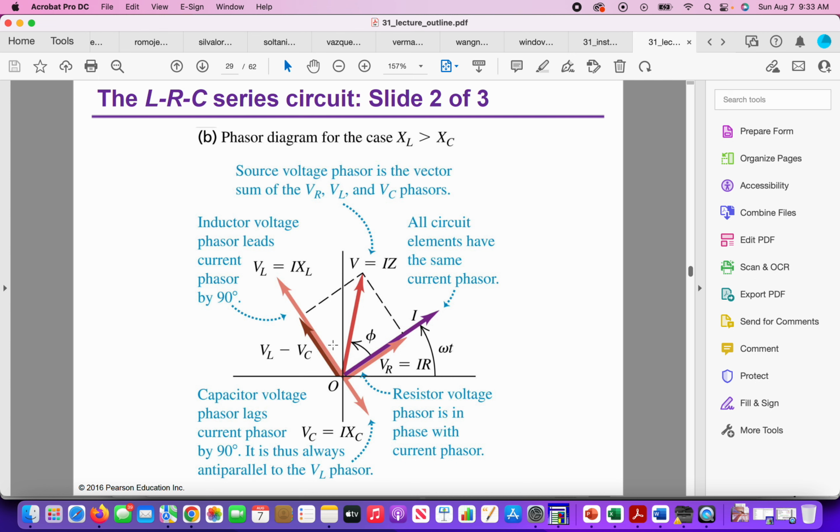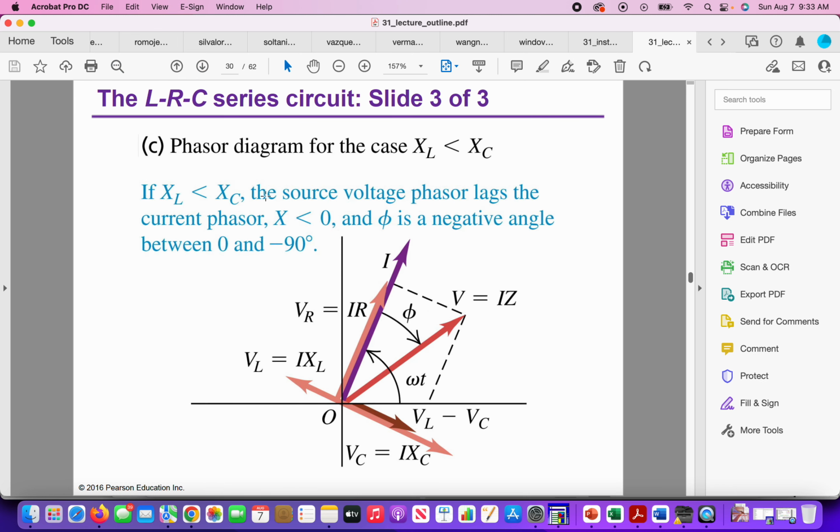I can subtract them to get VL minus VC, and then I have these two vectors with 90 degrees between them. Then I can use Pythagoras, and if I wish to add the voltages, V is the square root of VR squared plus VL minus VC all squared, the same as the impedance relationship. But of course, we use it for the impedance here.